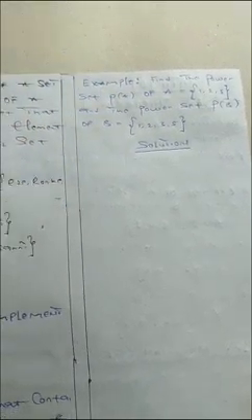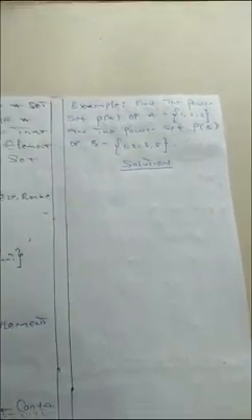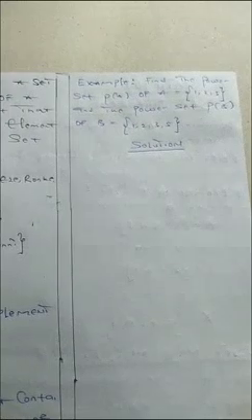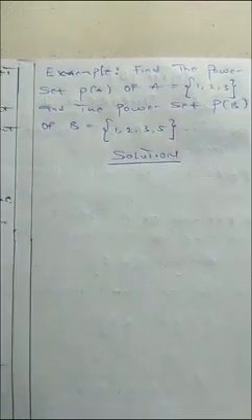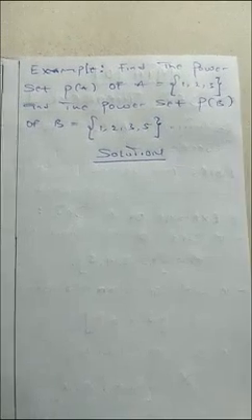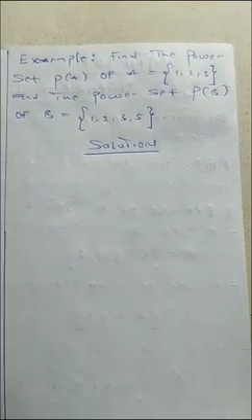To solve this example, we can use two methods: the formula method, or the method of arrangement. It depends on the one you are asked to use. Sometimes you might be asked to use the arrangement method, sometimes the formula method.